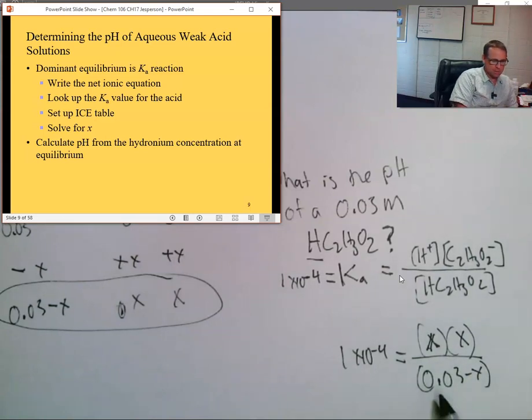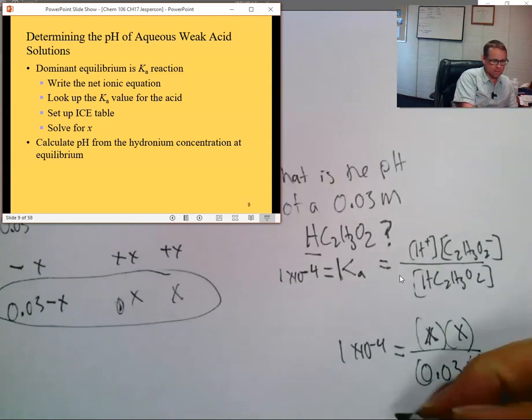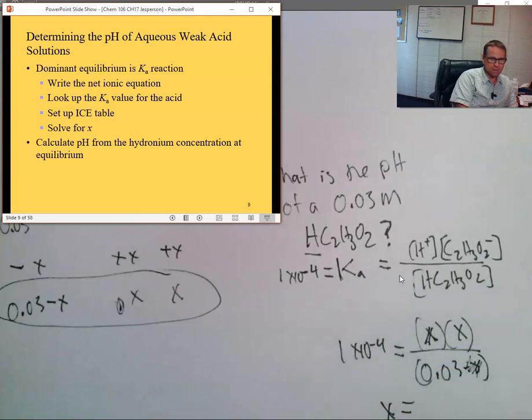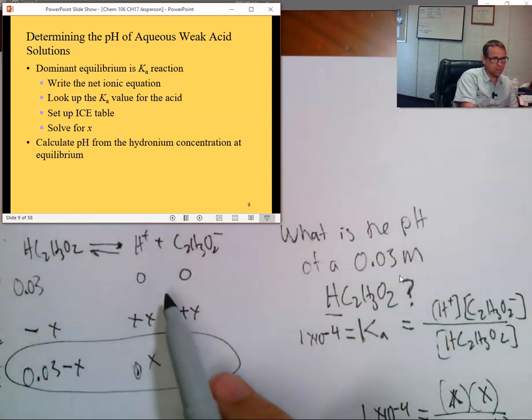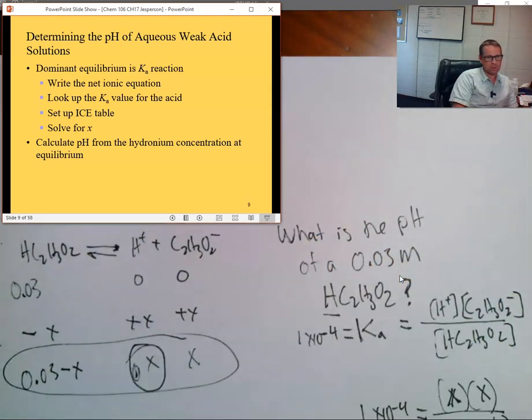That's right. Or a really small number. If this is really small, we could get rid of this value here, and then we could solve that problem easily and solve what x is. And once we got a value for x, then we would know that that's the hydrogen ion's concentration at equilibrium. Negative log of that value would be the pH for the system.